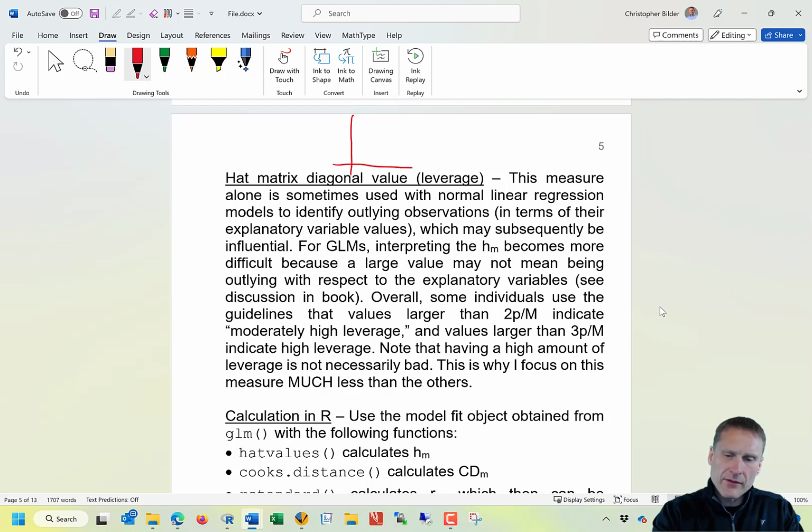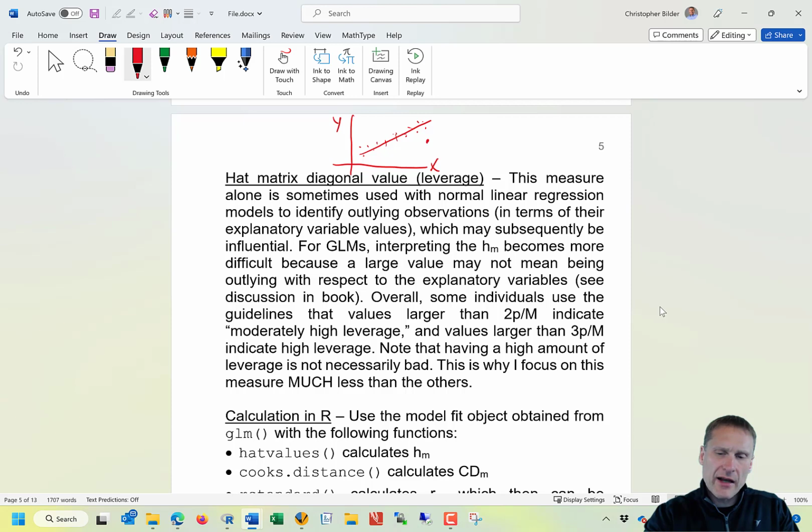Okay, so imagine we have a scatter plot. We are just doing regular old normal linear regression. Here's my scatter plot of my data, and we could estimate a regression model that goes through what should be the middle of those points there. And what a hat matrix diagonal value ends up measuring is something called leverage. And you can think of leverage this way.